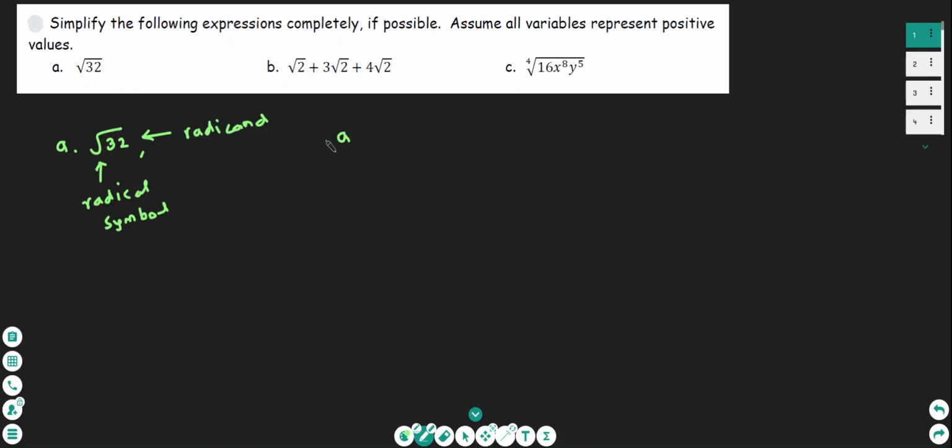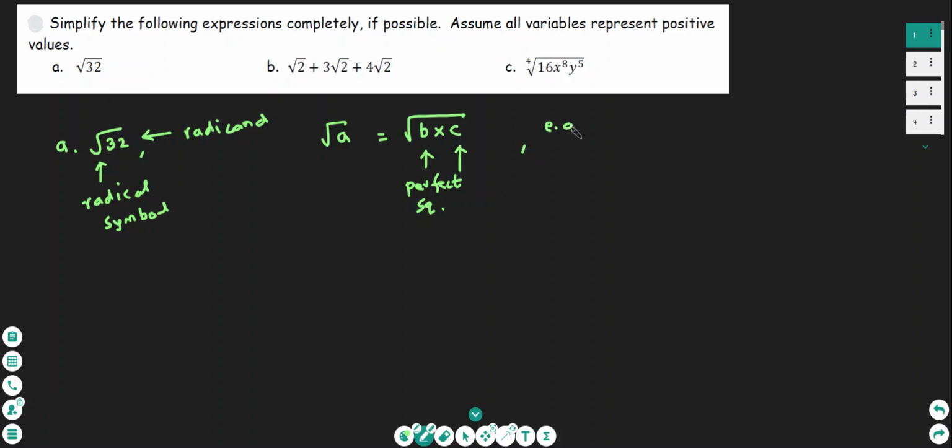For example, consider a radical with a, and this a is a number which can be written as a product of two numbers, that is b into c. And in this case, either b can be a perfect square number or c can be a perfect square number, or both can be perfect square numbers. Let's see some examples to understand this.